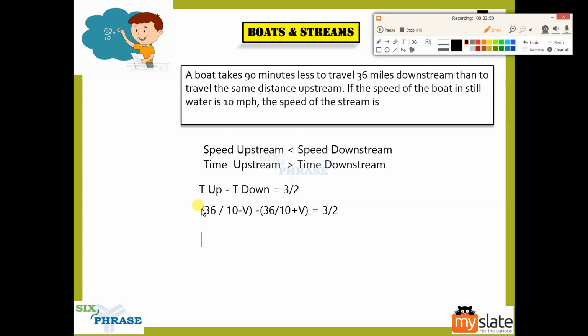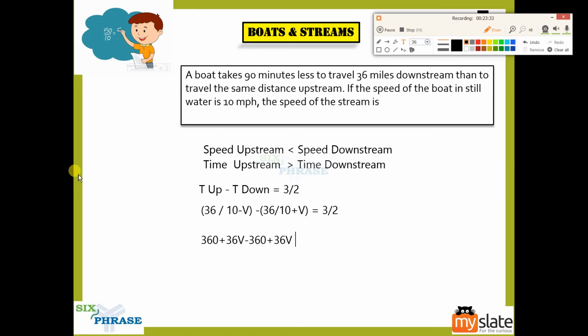You just have to solve it to get the answer. You can see at the bottom you have 10 minus v, 10 plus v. So this will become 360 plus 36v, and this will become minus 360 plus 36v.